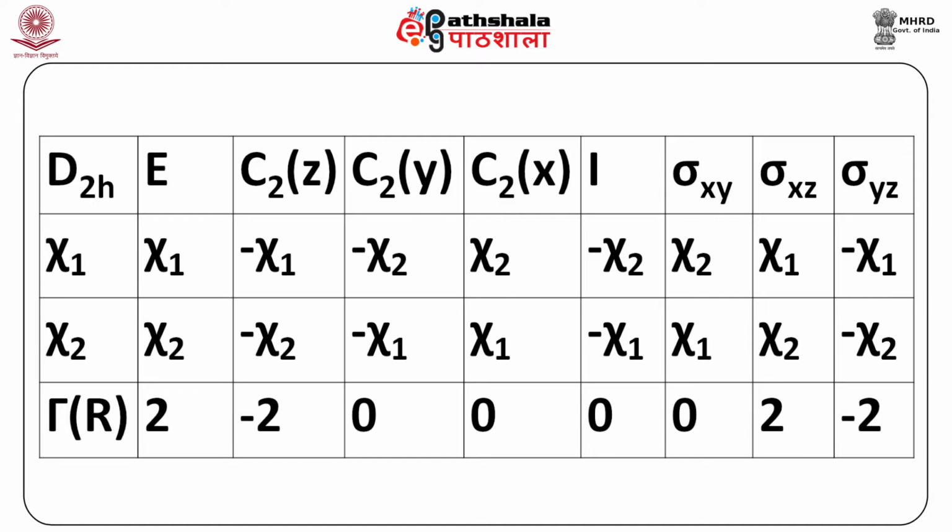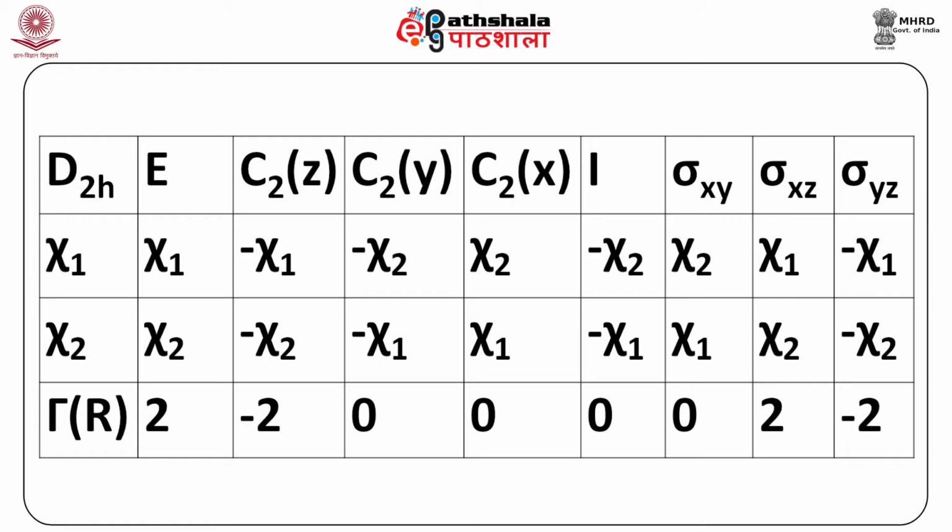So the total character is equal to minus 2, but in the C2y, C2x and I operations and sigma xy operation, what happens is that they exchange positions, so they do not contribute to the diagonal, so the character is equal to 0, and similarly for sigma xz you can see it is 2, and sigma yz it is minus 2.